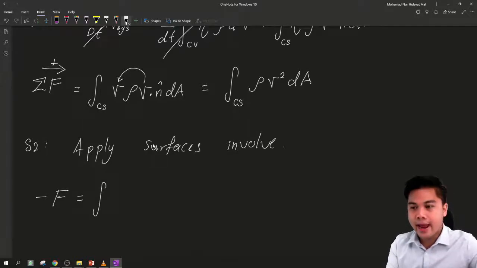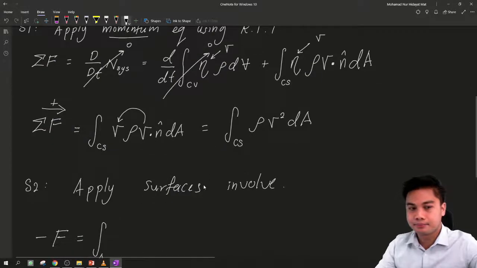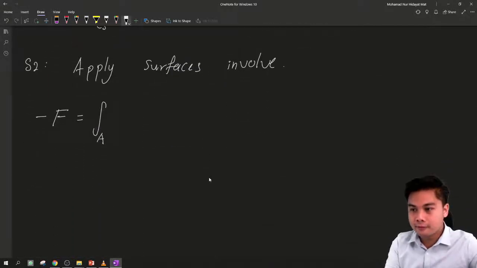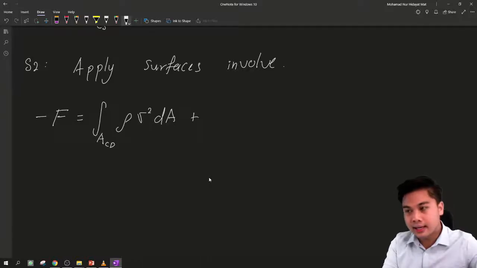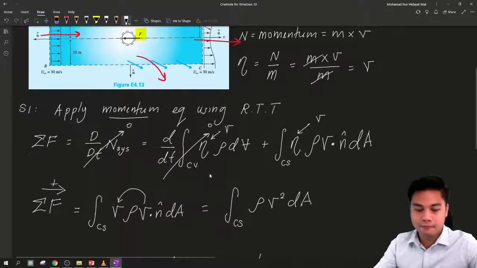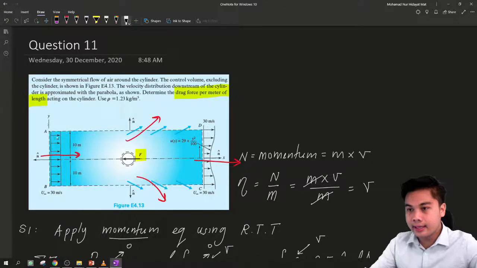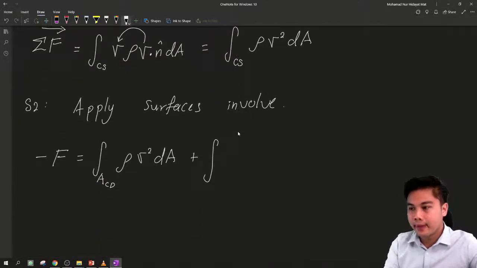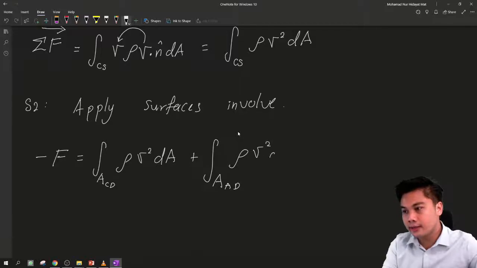the integration over the surface area, which is, we cover first, the area of CD, again rho V squared dA, plus the integration of AD, the cross-sectional area AD, same again, rho V squared dA.